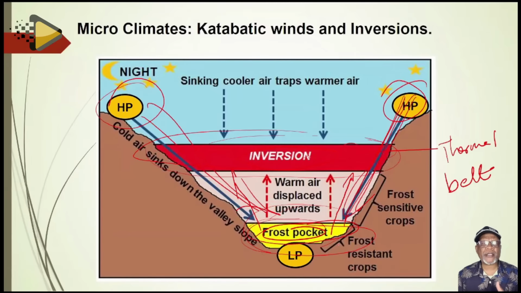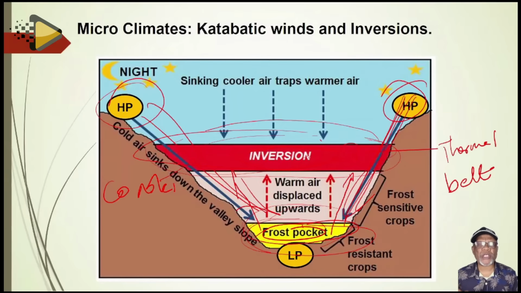Once the warm air touches the cold surface, condensation takes place. Why is condensation going to take place? Because this air is warm and the surface is cooler. When there is contact between warm air and a colder surface, condensation is going to take place.